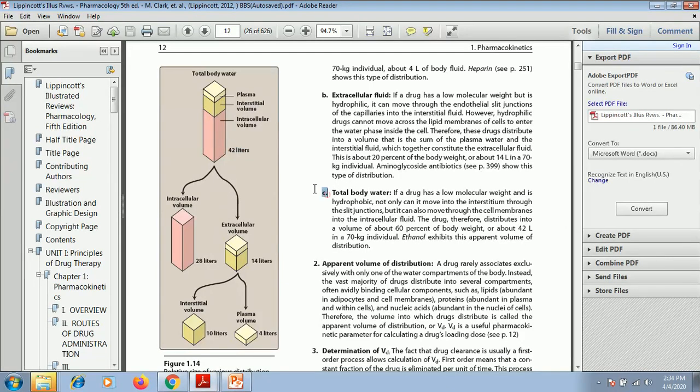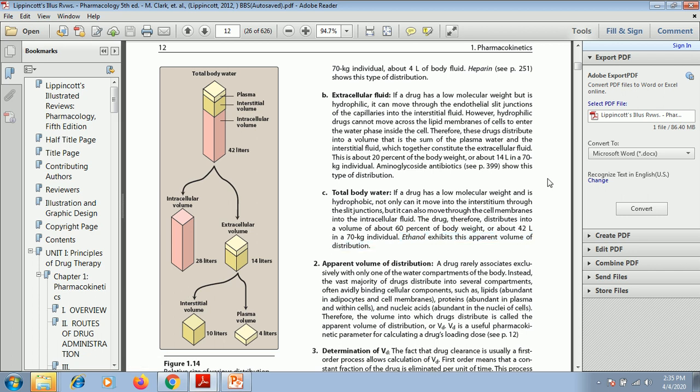For example, ethanol distributes itself into the whole of the body uniformly. So volume of distribution tells us which pattern, which we discussed earlier, a drug will follow.